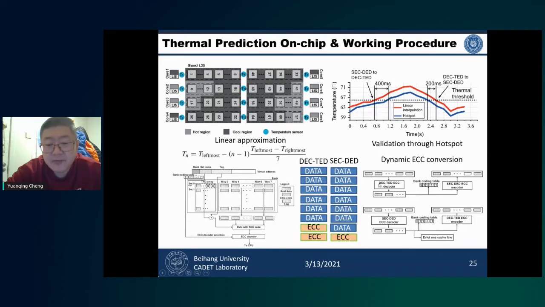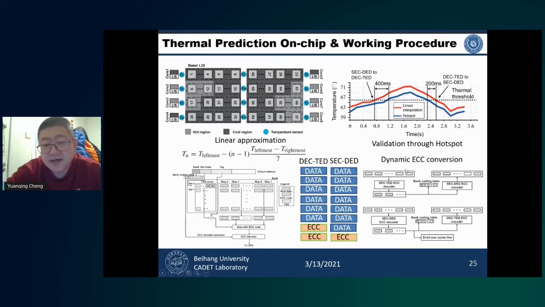If we want to convert the DEC-TED ECC, which is a stronger ECC scheme, to a weaker SEC-DED ECC scheme, we can resort to this bank coding table to convert the ECC code. Because we convert from a stronger ECC to a weaker ECC scheme, we can have more free space in the converted cache lines.